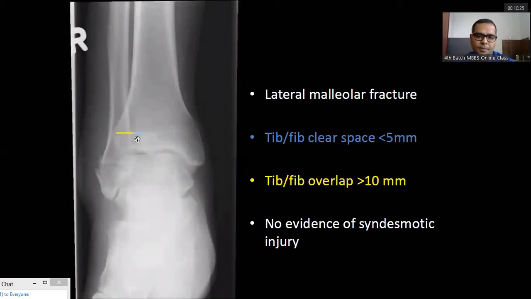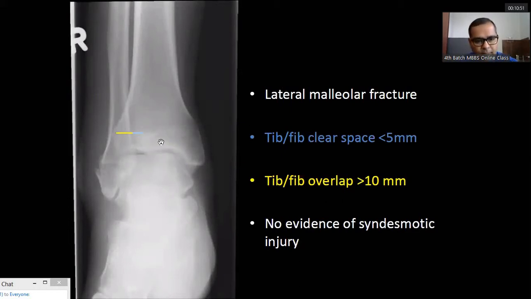If this space increases, it suggests there is injury of the syndesmotic ligament that lies over here. If the blue line increases, the yellow line, the overlap, should decrease. There will be diastasis, the tibia and fibula move apart, so the overlap will decrease and the clear space will increase.